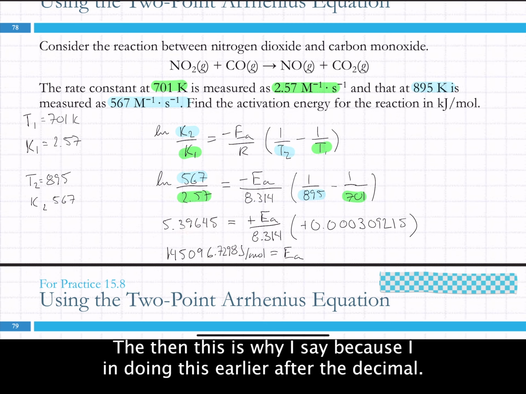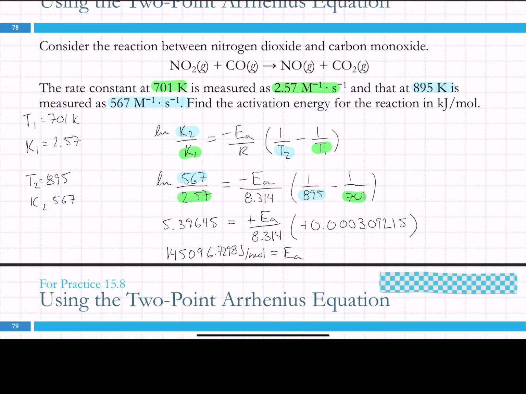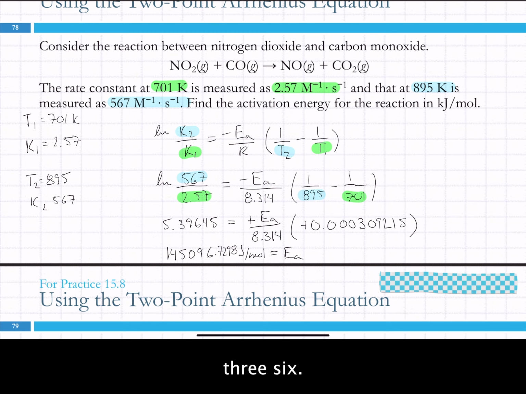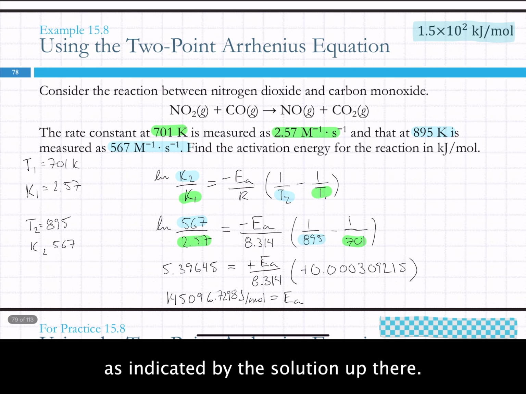Because when you take the natural log of something, decimals are significant. 3 sig figs. But this is supposed to be 2, as indicated by the solution up there.